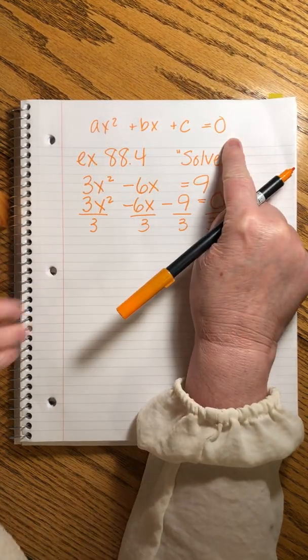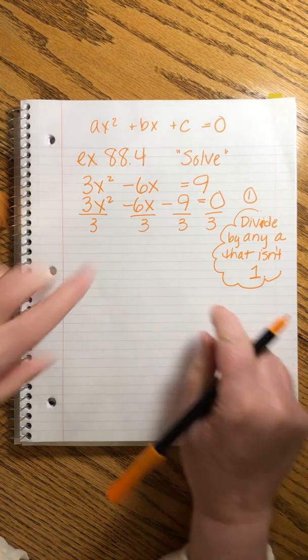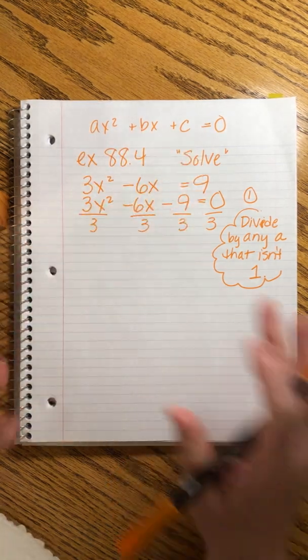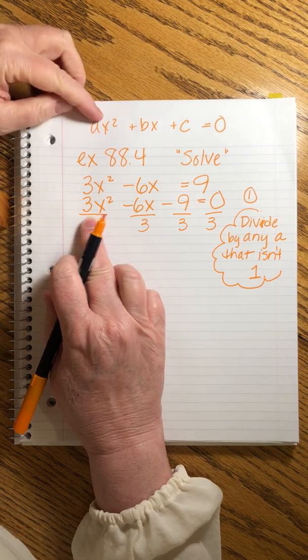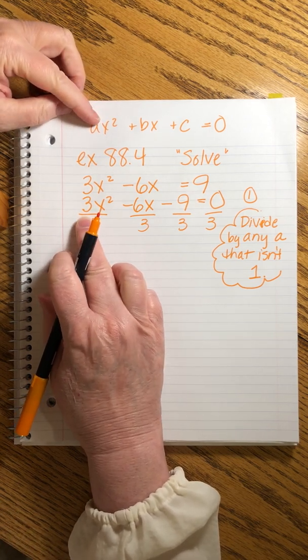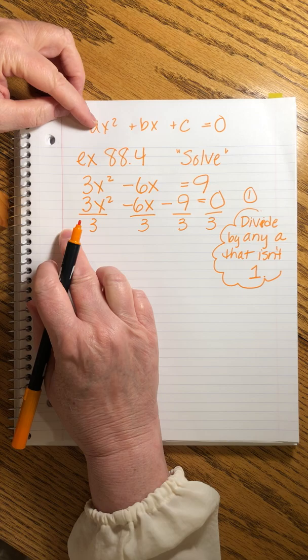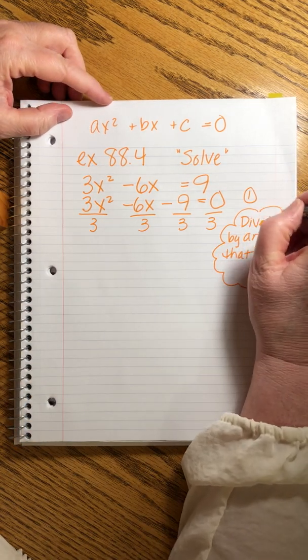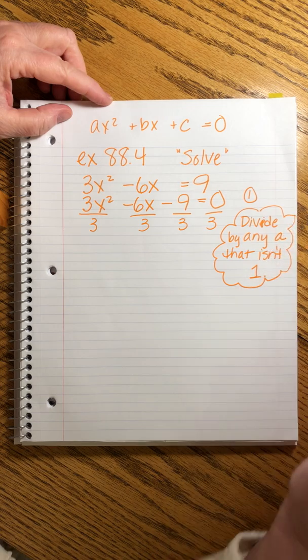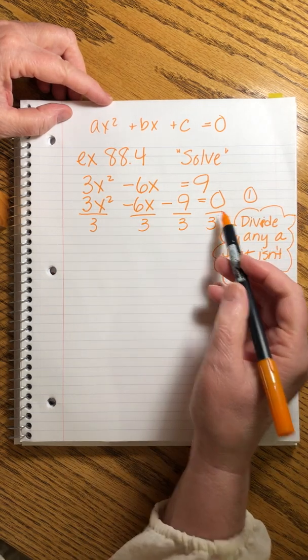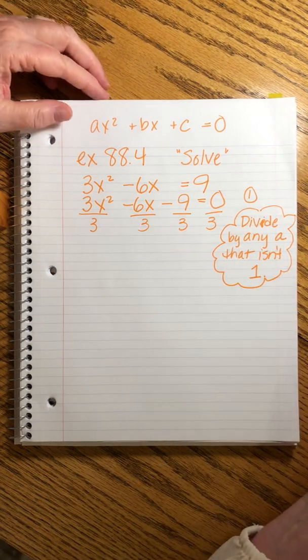That's called the standard form. And we use these a, b, and c just to help us write rules about them. So if a, the letter in front of the x squared, is not an invisible 1, then we need to divide it away. At this point, we can trust John to make sure that the numbers will work out evenly. You can see with a glance, it's going to be fine.